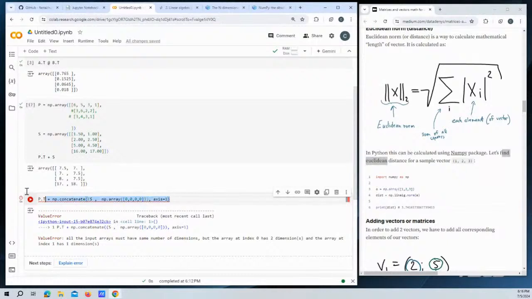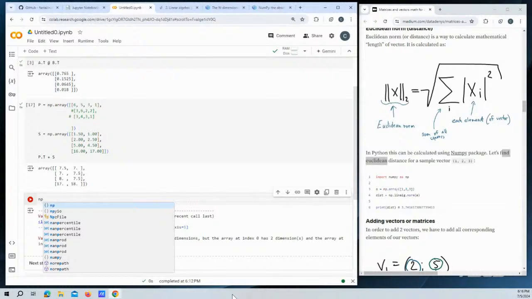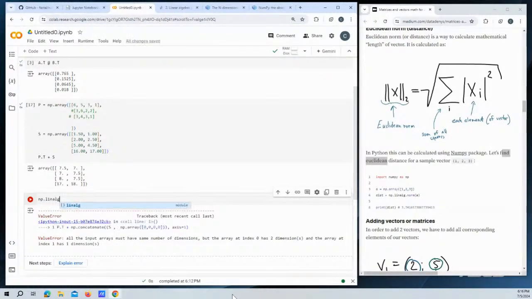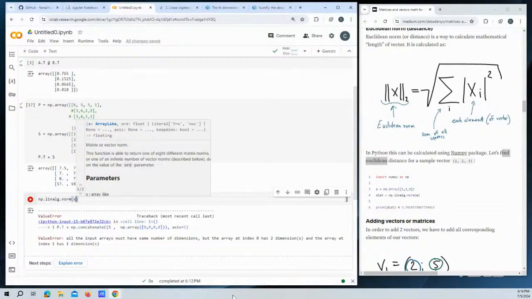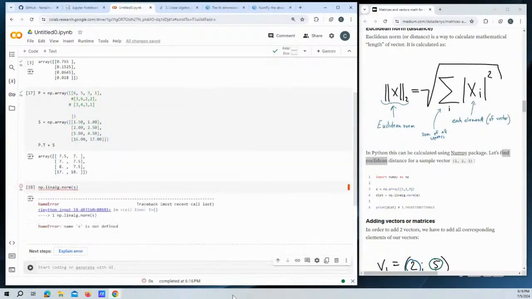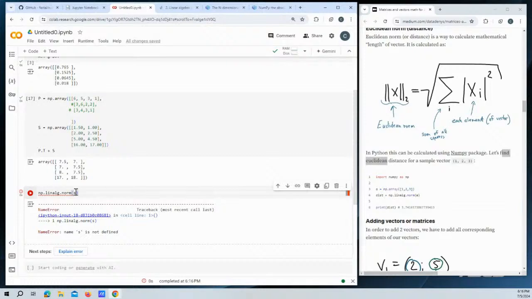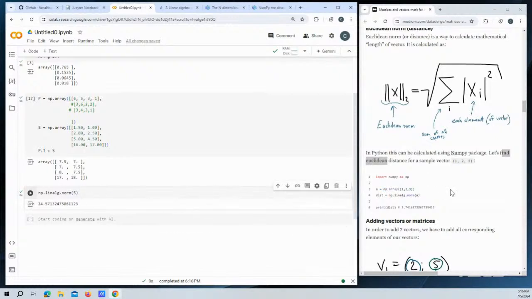Okay, look at the norm. Oh, capital letters. Okay, so the mathematical length of a vector.